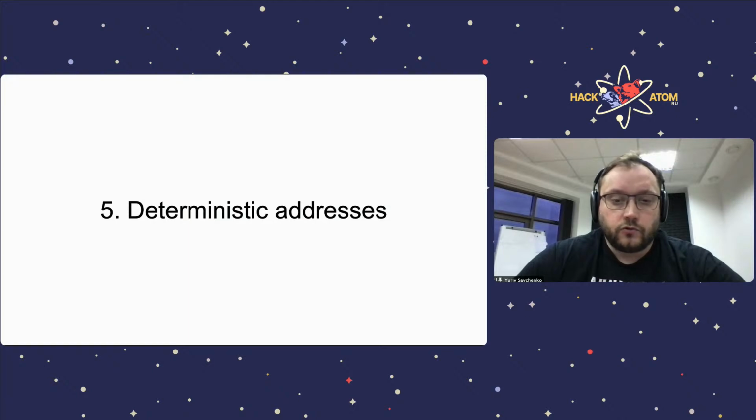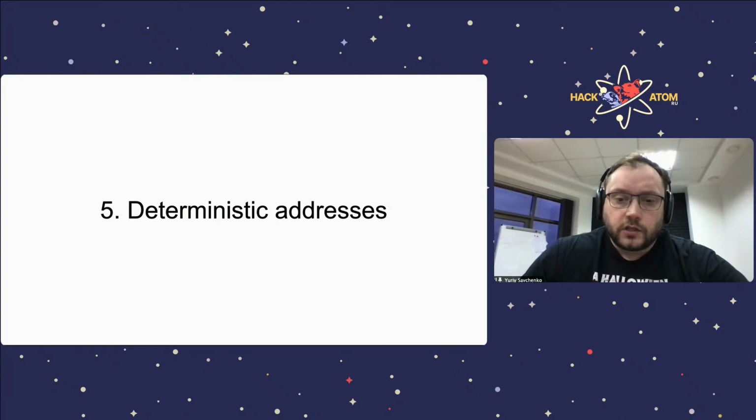I think I've already told this stuff. So let's just imagine this is the continuation of the topic, because I've mentioned quite a few. There is such a thing as deterministic addresses on Ethereum. You might correct me if I'm wrong, as my knowledge of Cosmos is a bit rusty.